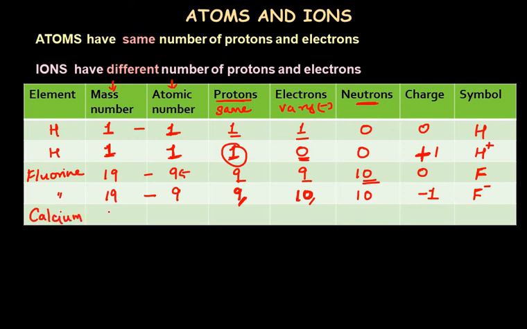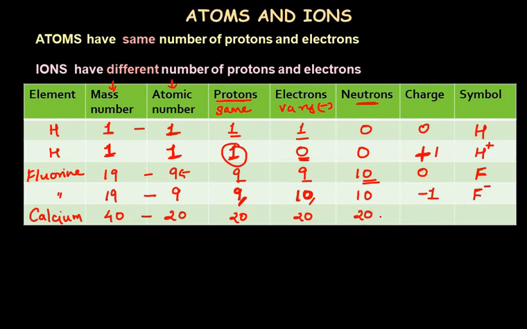Calcium has a mass number of 40 and atomic number 20. So the number of protons present in an atom of calcium is 20, and say suppose the number of electrons is also 20. What about the number of neutrons? 40 minus 20 gives you 20.